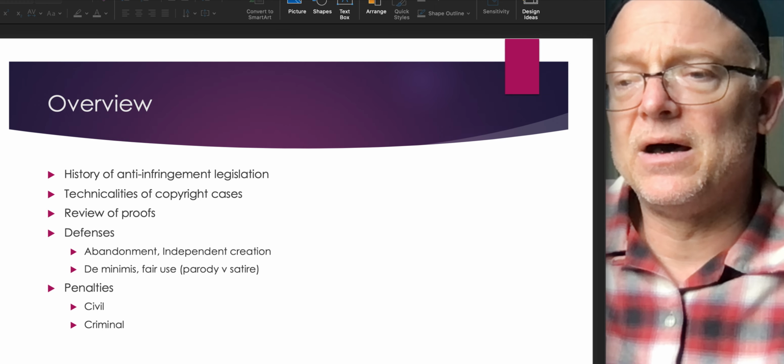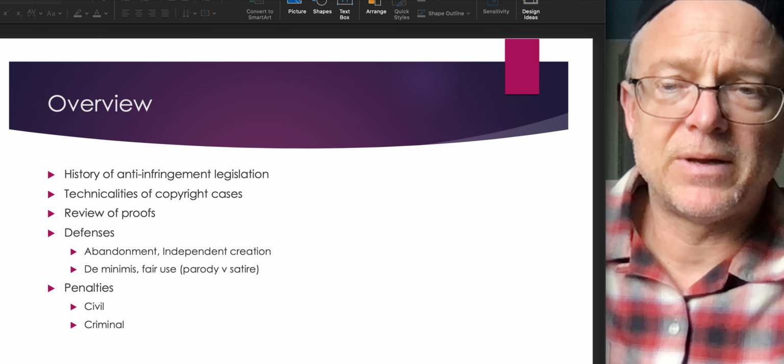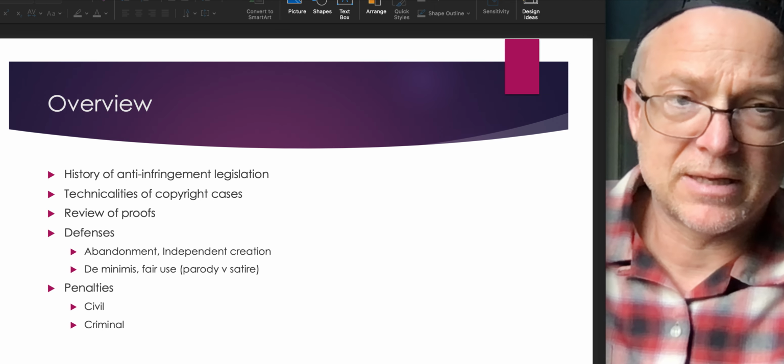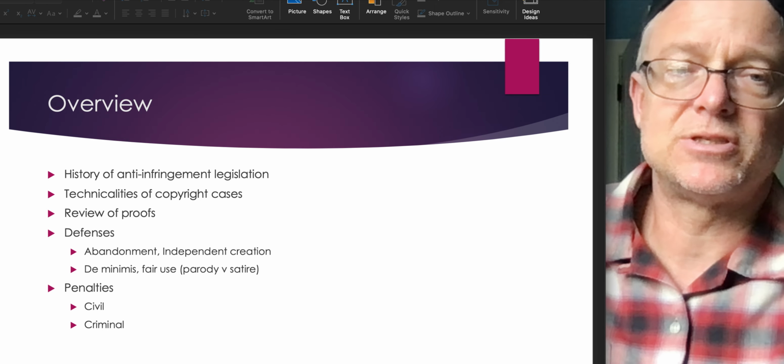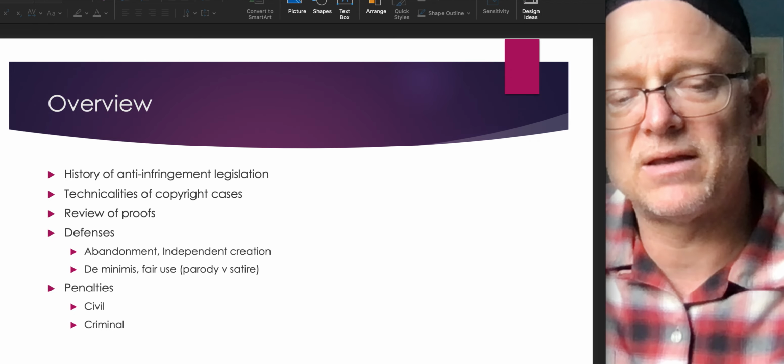And then penalties. Now, copyright's typically a civil case, but there is such a thing as a criminal copyright, and so that's two different courts, right? Types of trial: criminal case versus a civil case.